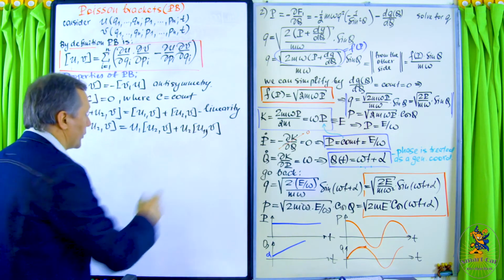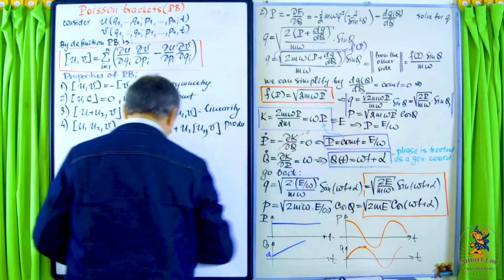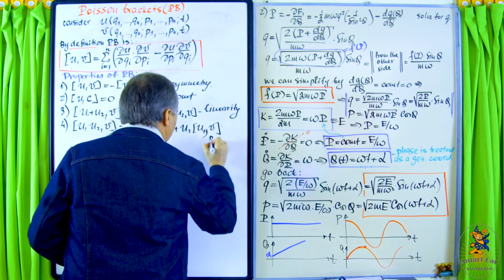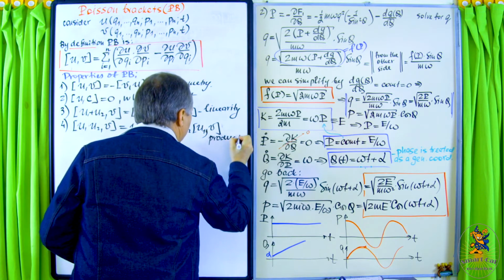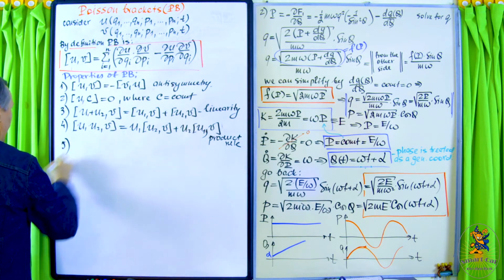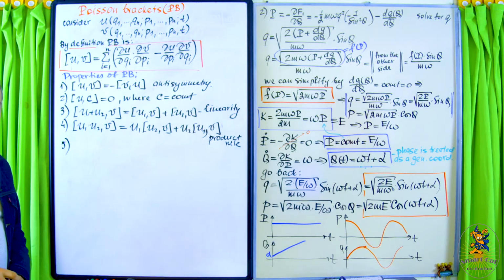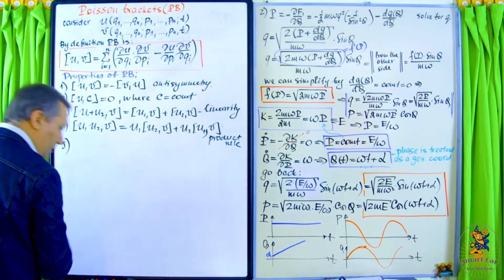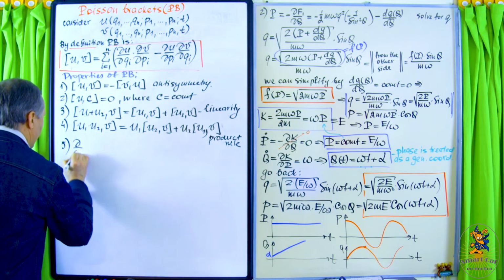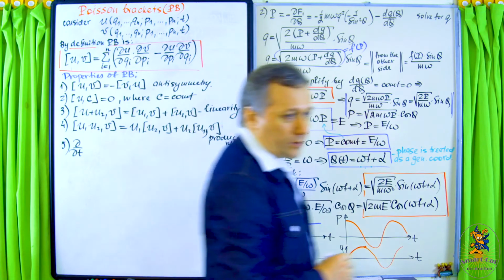Next one, product rule. Doesn't fit. Right, so let me write underneath product rule. So then number 5, I think it's a derivative. What if you differentiate a bracket with respect to the parameter t? And of course, both functions can depend on that parameter t.